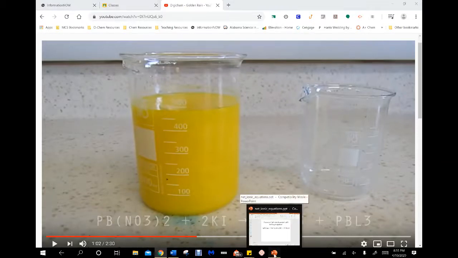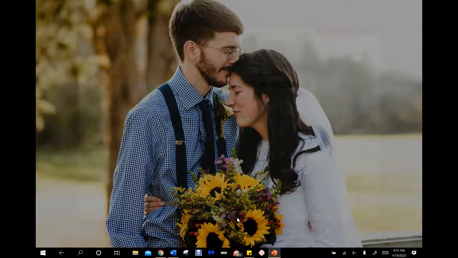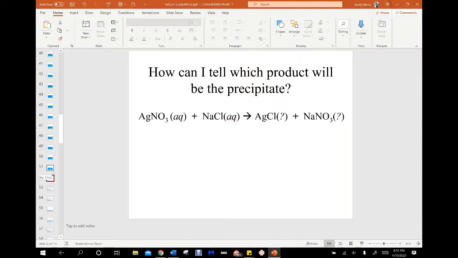And so the idea is, if these ions don't react to form a precipitate, then technically no new substance has been made, all right? So for a double replacement reaction to actually occur, you must have a precipitate formed. Otherwise, your ions are just dissolved and floating around and nothing new has happened.